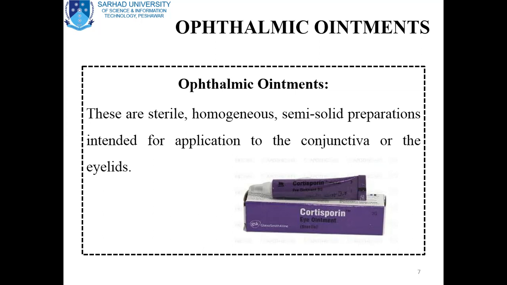That is eye ointment, and in the third line of the packing you can see in brackets "sterile" is written, as I have told you in the definition that it should be sterile. Also the quantity is mentioned, 3 gram, in this tube, that is the collapsible tube.